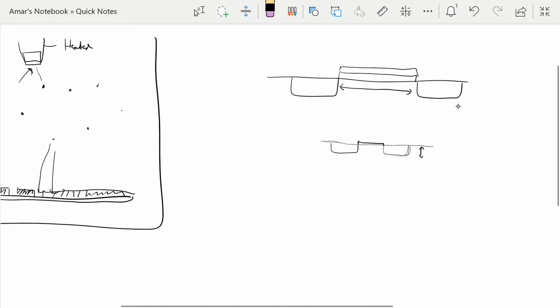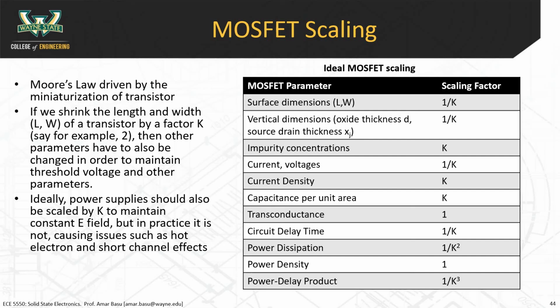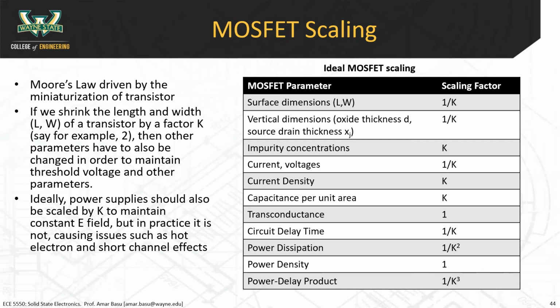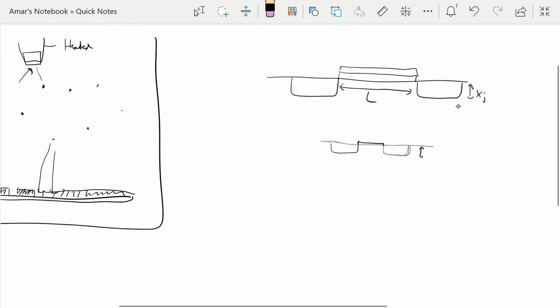This is the length of the transistor, and this is the junction width. So this X sub j that you see here, that's what this dimension is. And the oxide thickness, this dimension here, is the D.